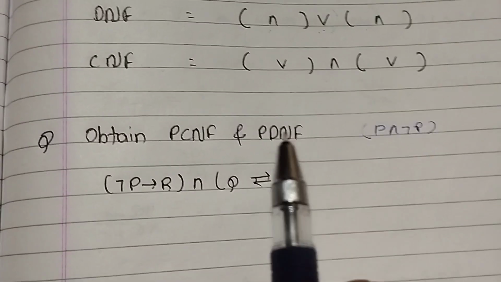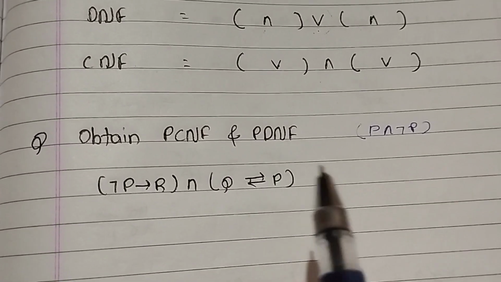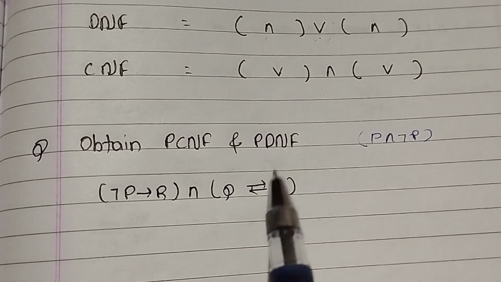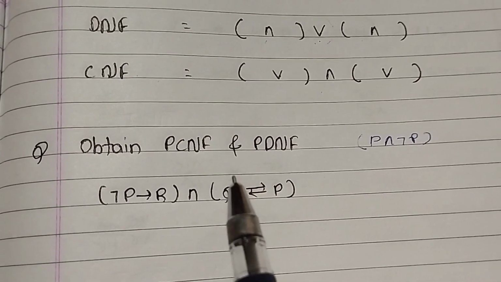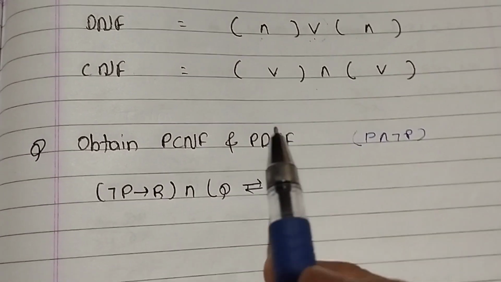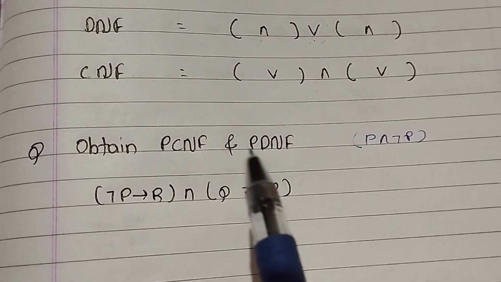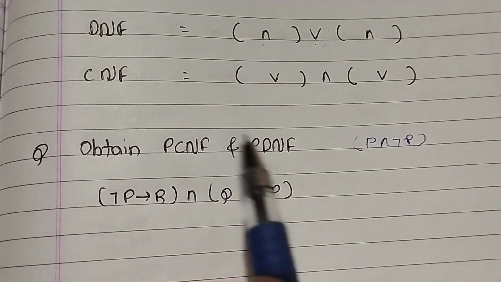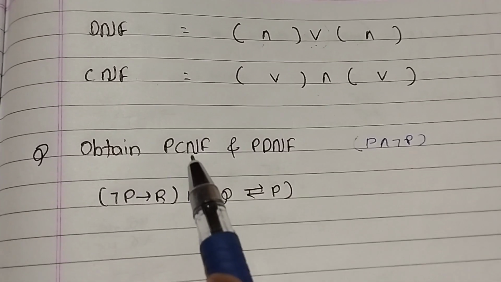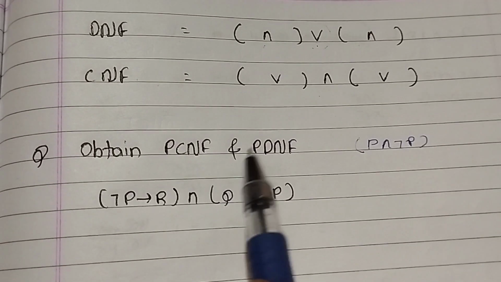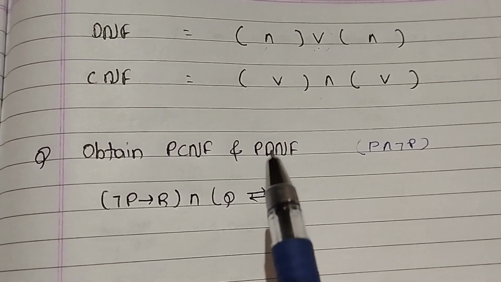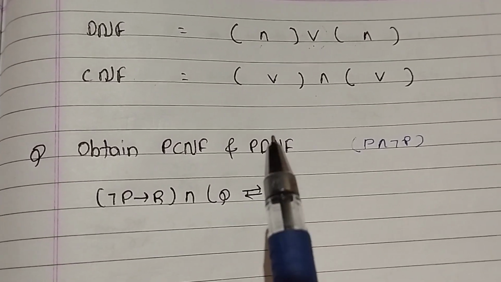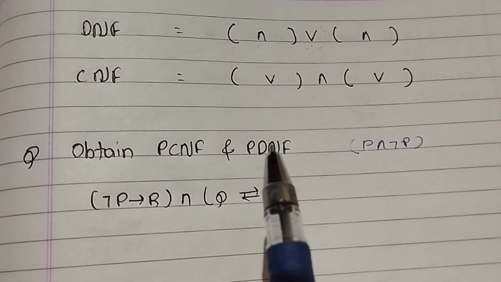So now we solve the equation and understand the concept of PDNF and PCNF. Both are the same in method, but different in concept: principal conjunction normal form and principal disjunction normal form. Methods are the same, but concepts are different.